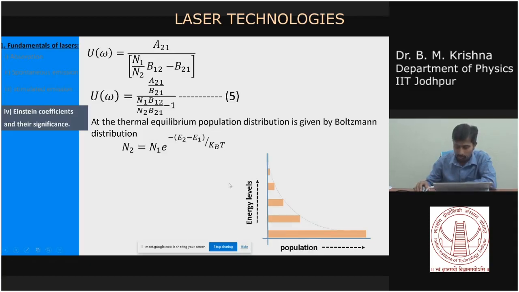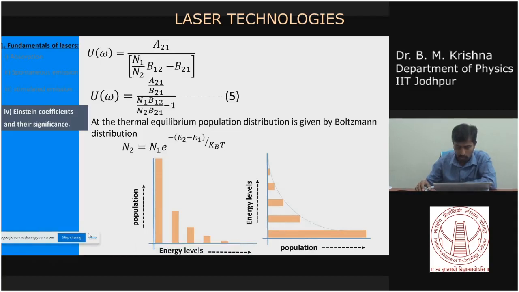The same plot you can draw as population versus energy levels. You can see the population decreases exponentially.